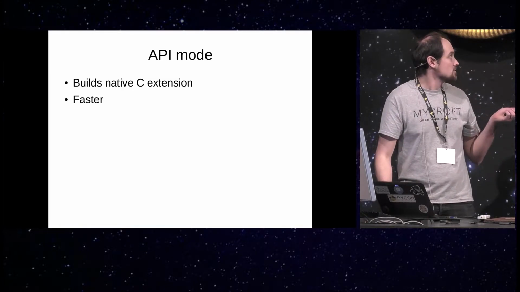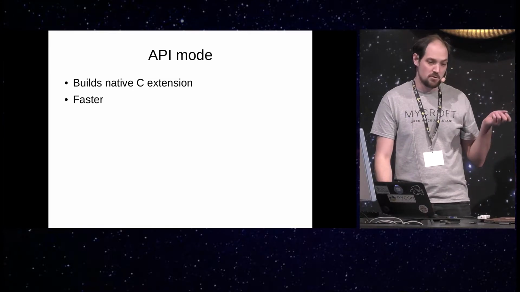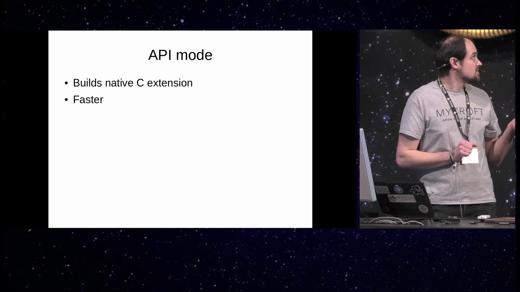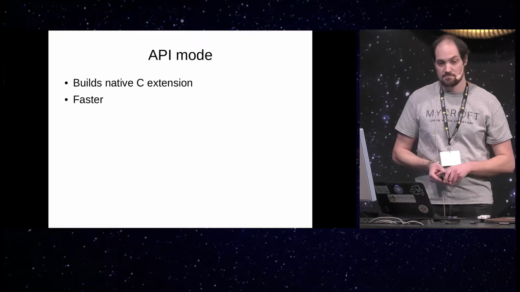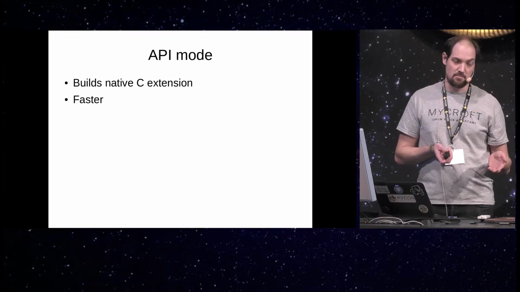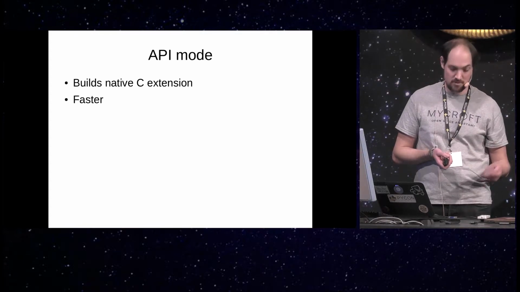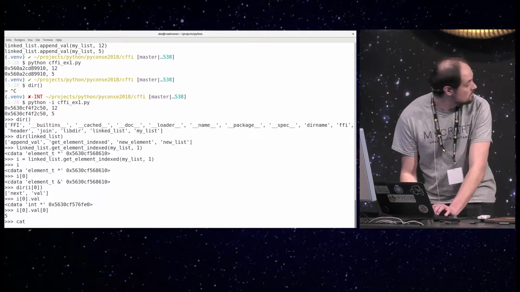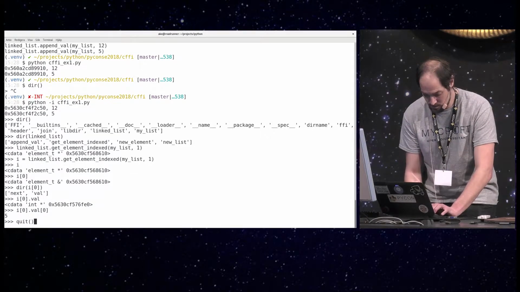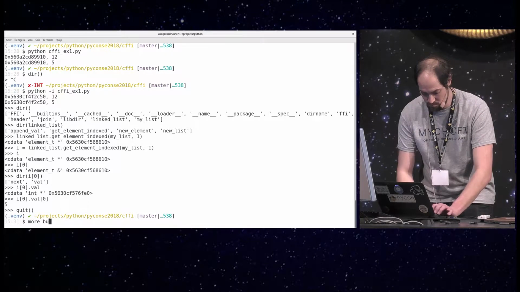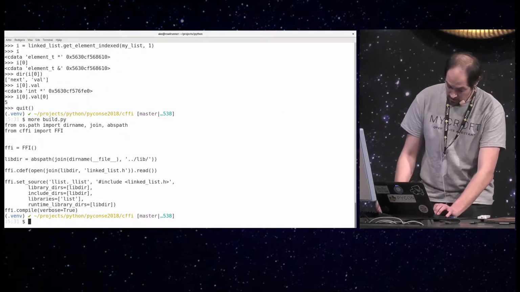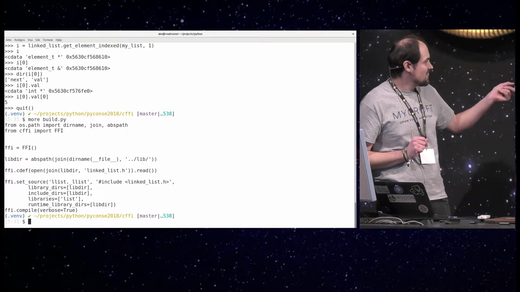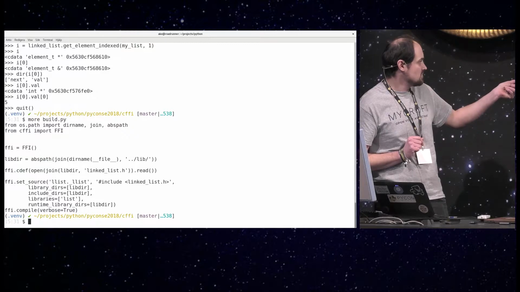CFFI also provides an API mode, which basically builds a C extension, and it's faster because you skip a step when calling each function. Here, the beginning is basically the same. We create a definition.